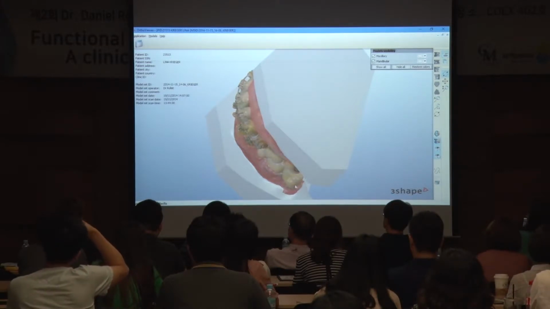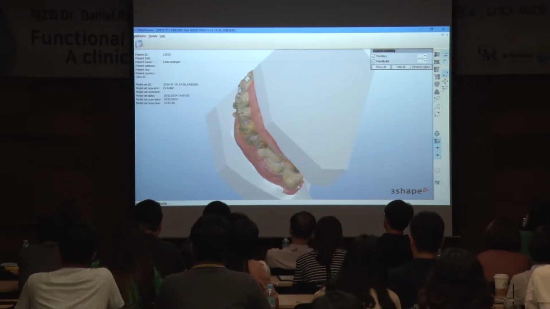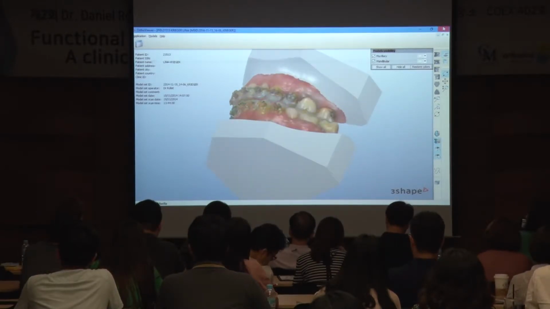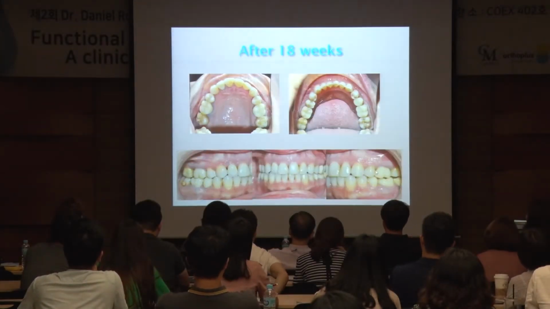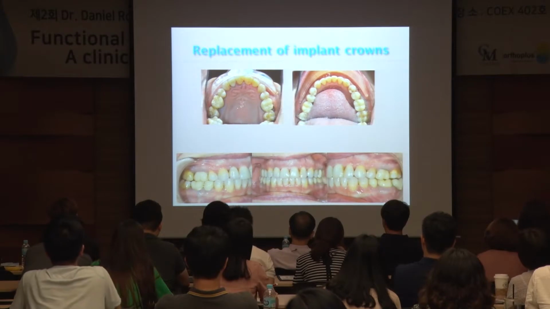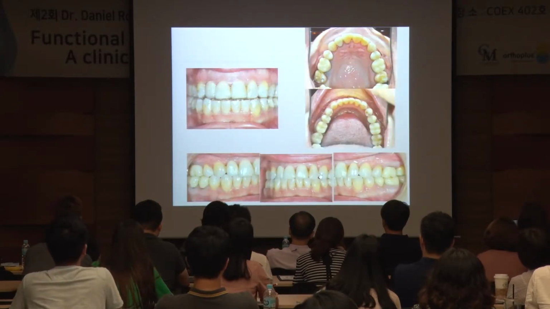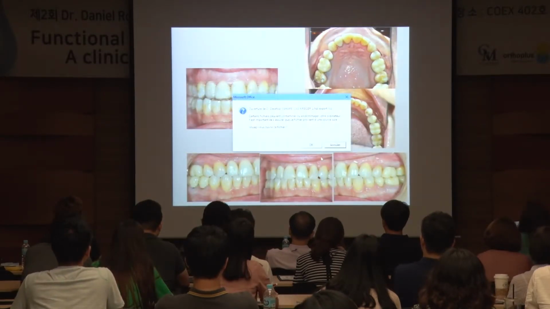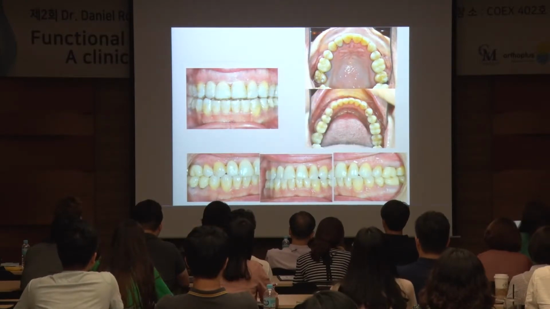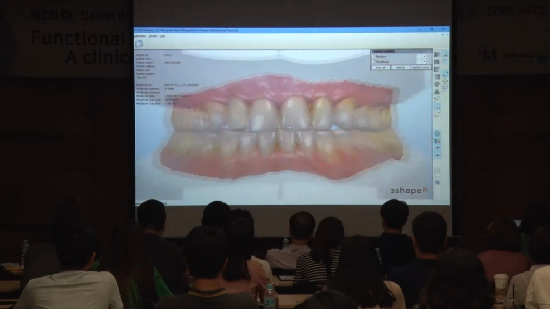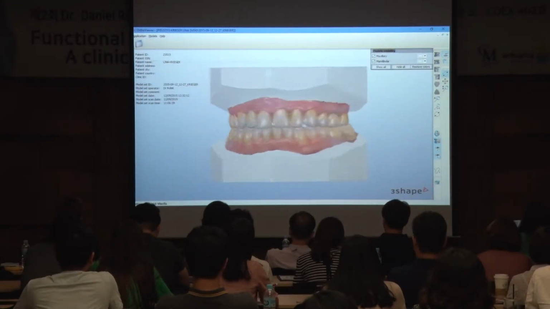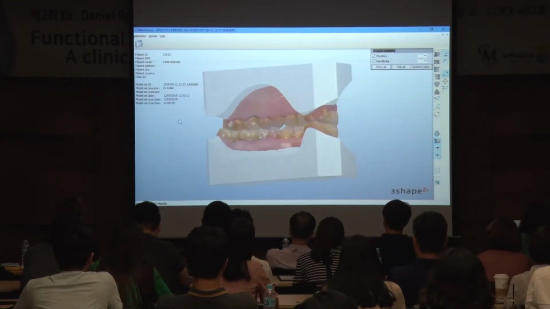So I called the dentist to ask if it was possible to change the crown here. He accepted and changed it, fitting the occlusion. And with a splint, elasto finisher on the splint, we obtained a good occlusion and improved it.